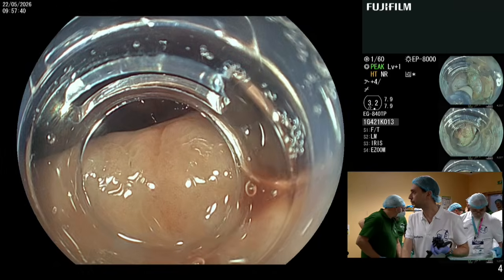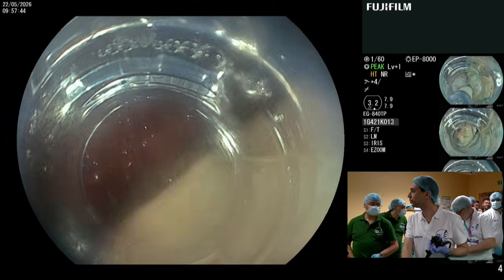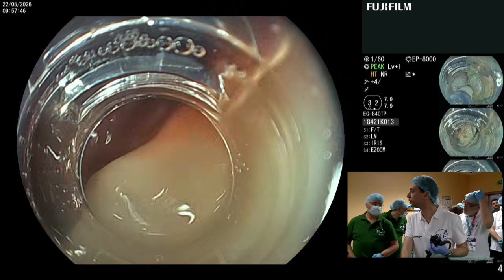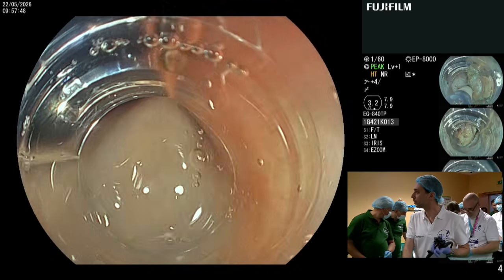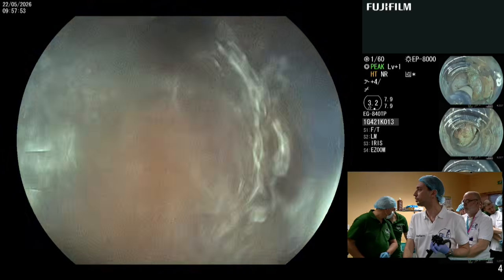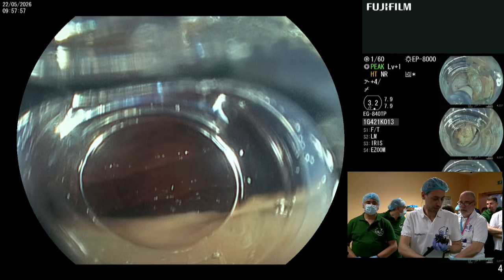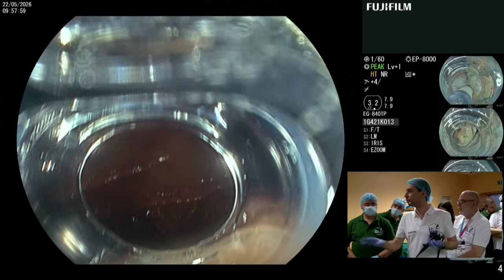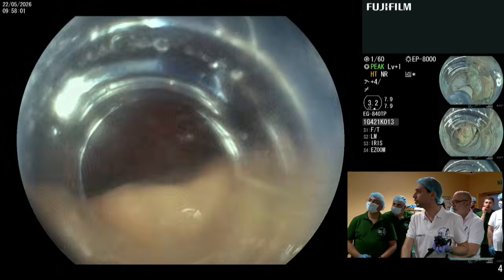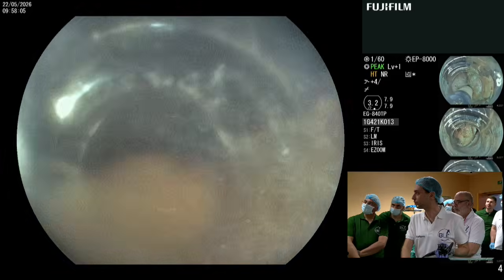So now we have the following problem. We have a perforation, and when I insufflate, I don't have good visualization. So that's the issue when you perforate.